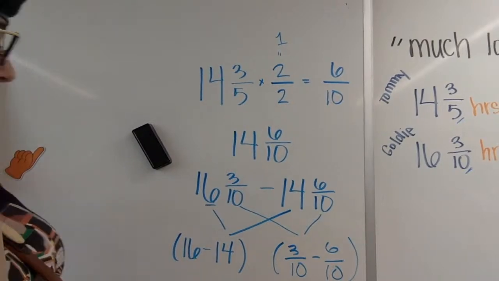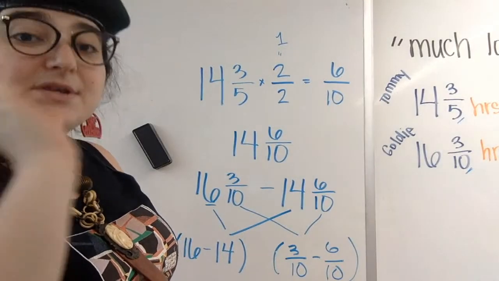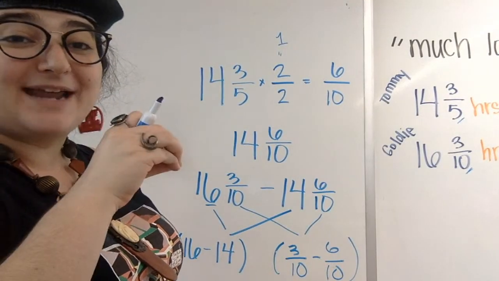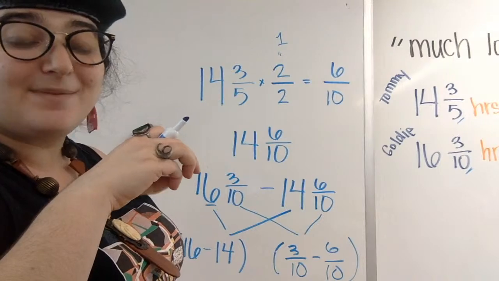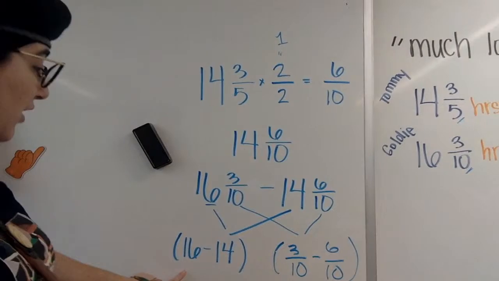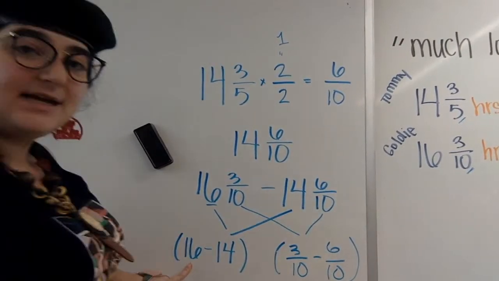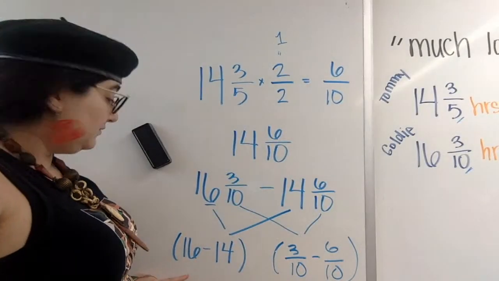Yeah, we can't subtract 6 from 3. So this is an exciting part that I love, because this reminds me of regrouping in subtraction. Well, I know that 16 is made up of quite a few.